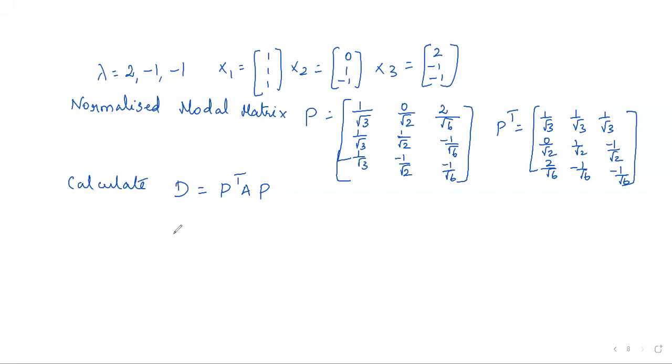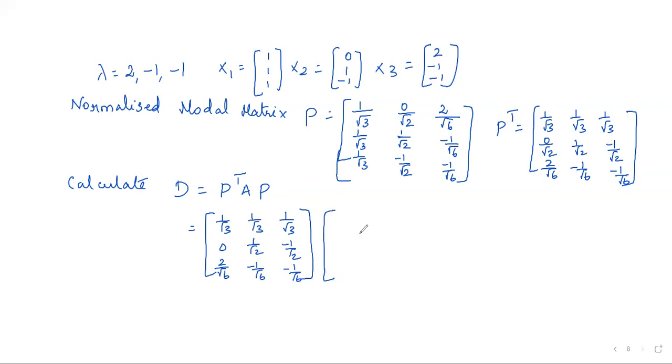Therefore, your D will be equal to P transpose, which is [1/√3, 1/√3, 1/√3], [0, 1/√2, -1/√2], [2/√6, -1/√6, -1/√6], and then the matrix A. The given matrix is [0, 1, 1], [1, 0, 1], [1, 1, 0].